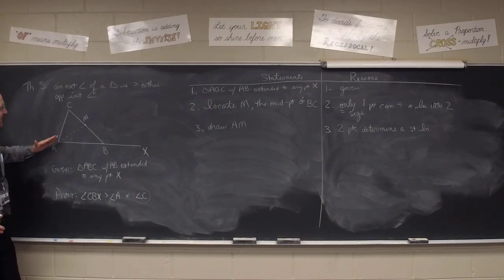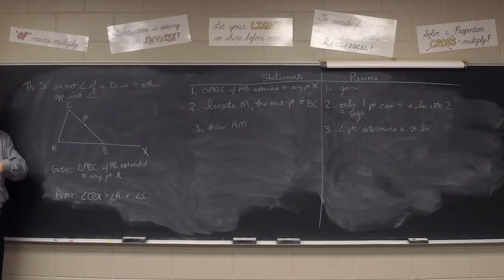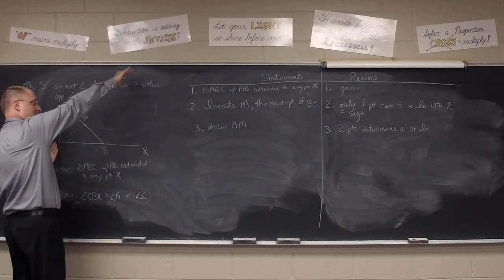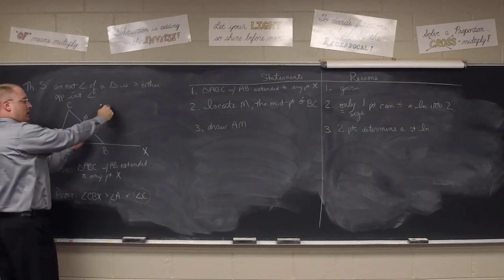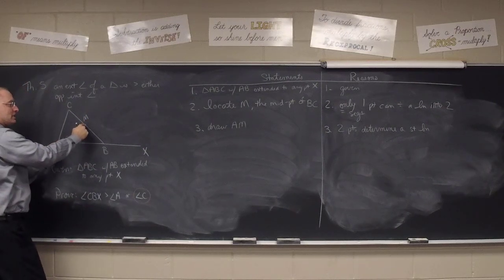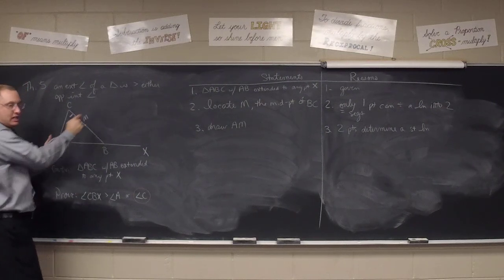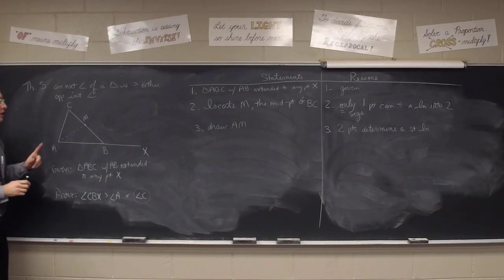Now, this line AM can be extended indefinitely or limited at any point, correct? If I were to extend it, but then measure this with a compass, I could mark off exactly this same length onto the extension, correct? That's what we're going to do next.